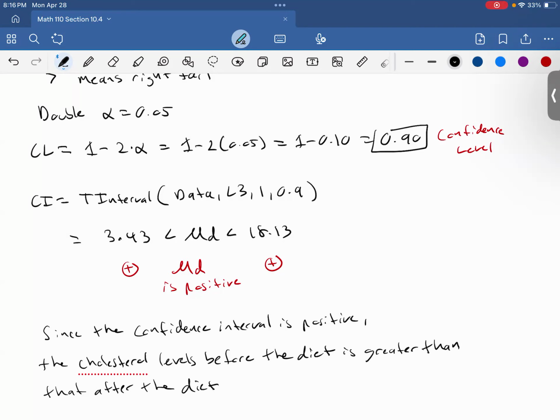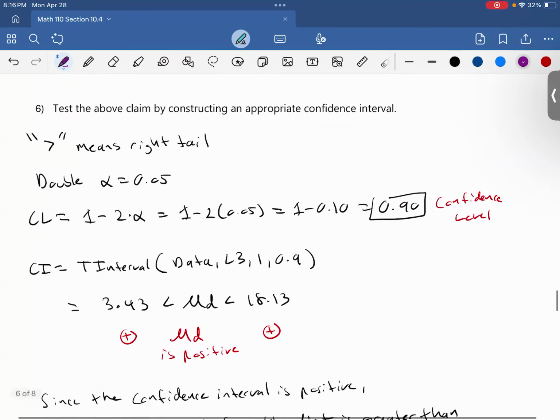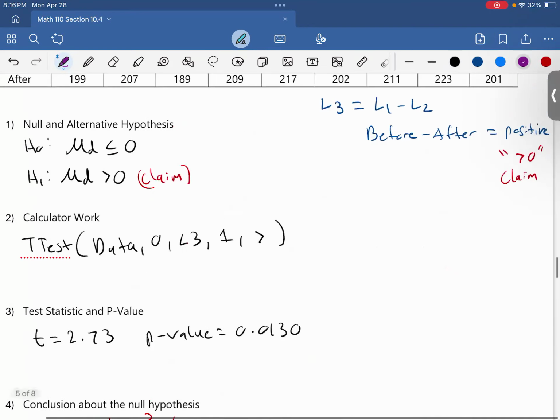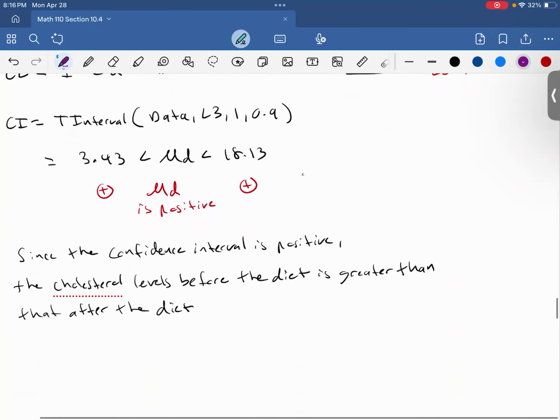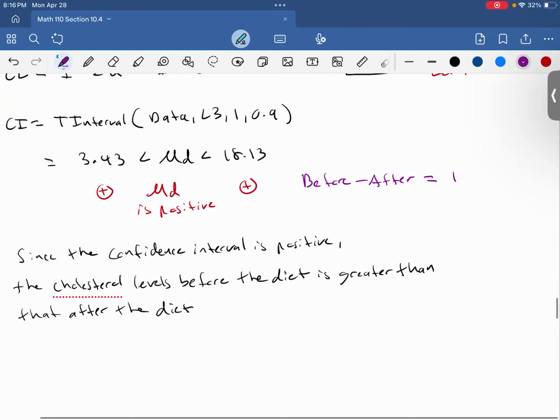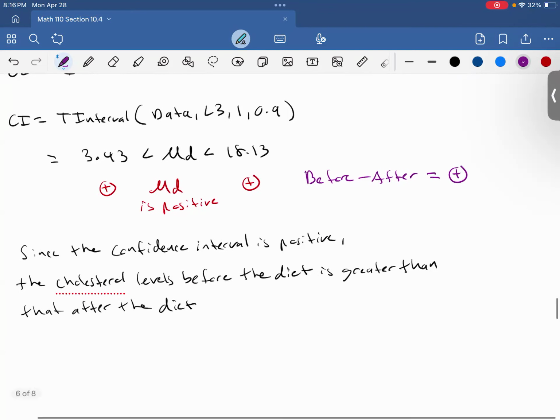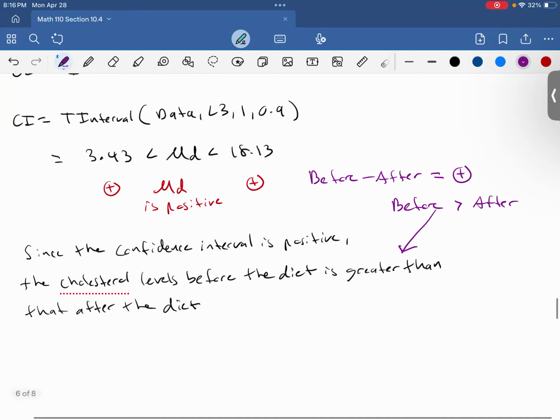And that's because when we set up list one minus list two, we had before minus after, and we found our confidence interval to be positive. So that means before is greater than after. So that's our reasoning behind that final statement.